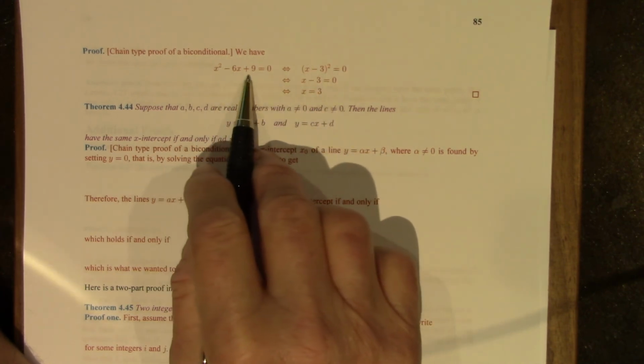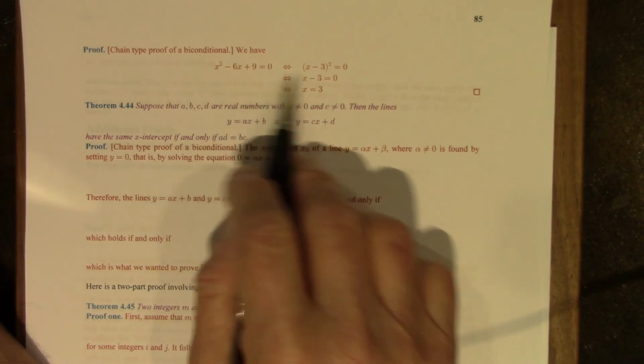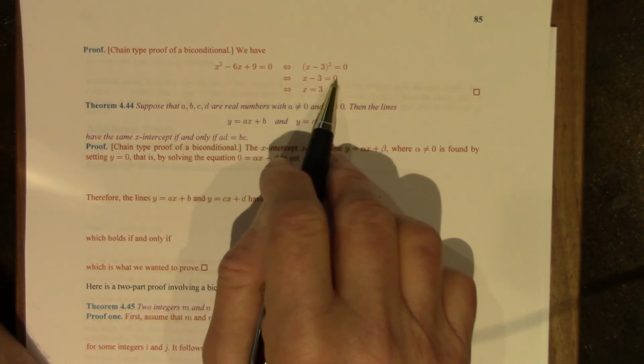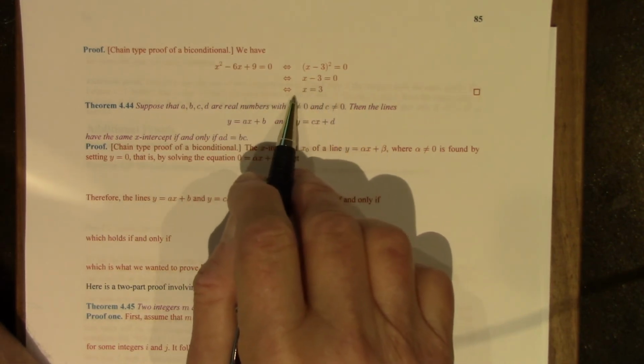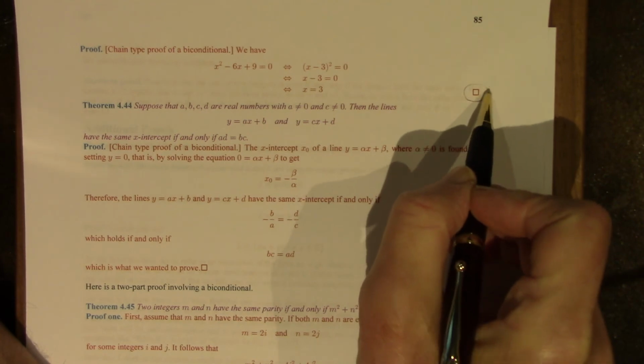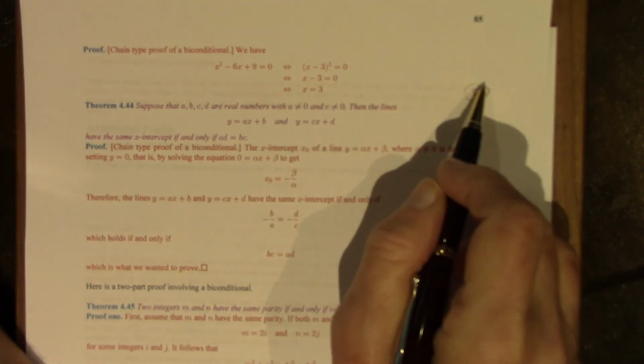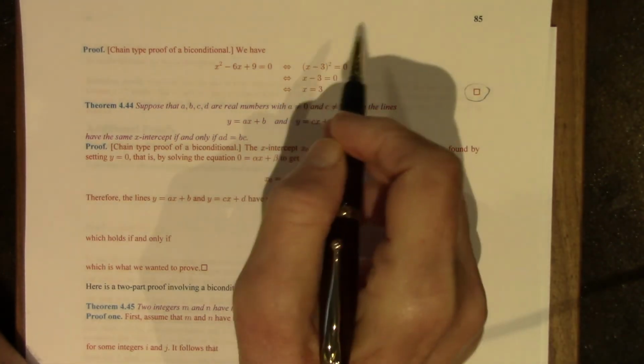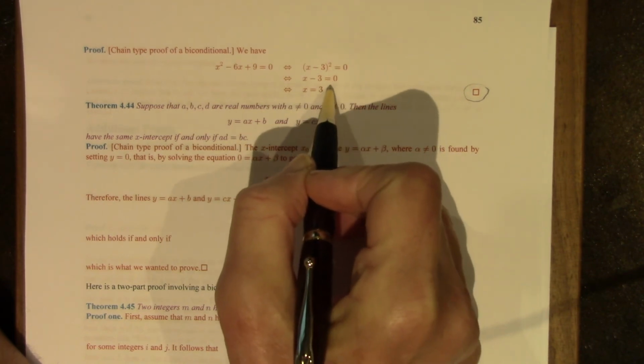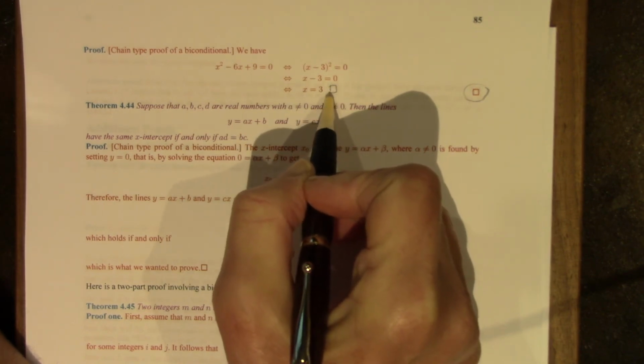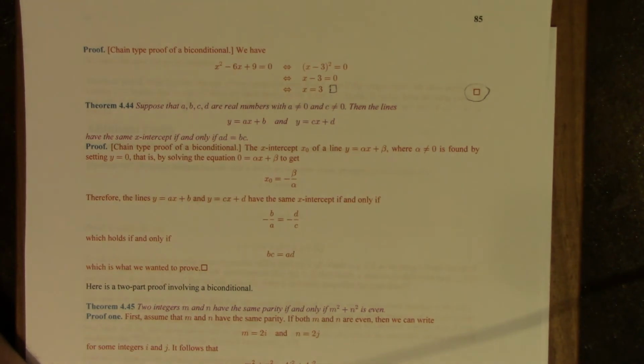In other words, I just factored this. And that holds if and only if x minus 3 equals 0, and that holds if and only if x equals 3. And here's the square, by the way, that ends the proof. It's over here, justified. I don't like putting the square right here because it interferes with the beauty of the equations, but it's up to you.